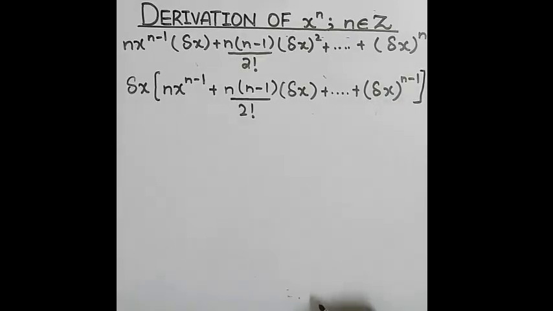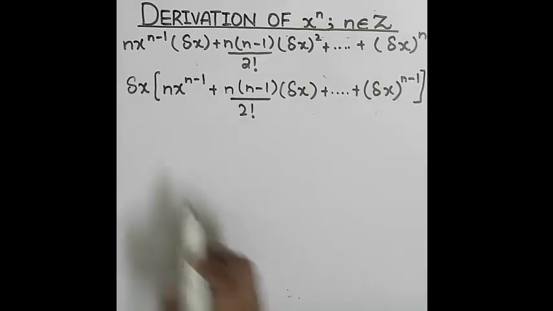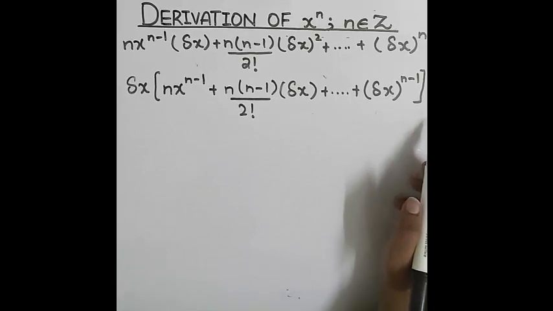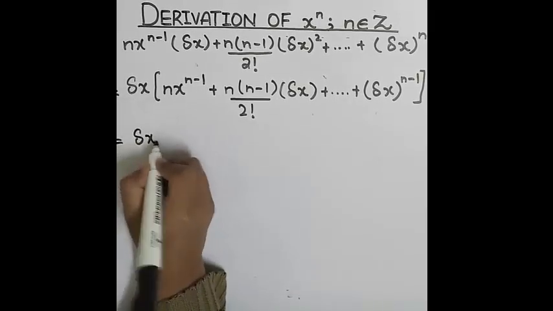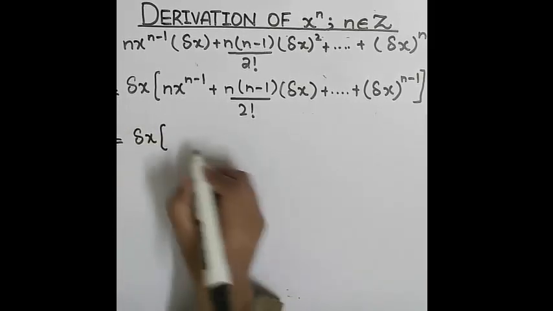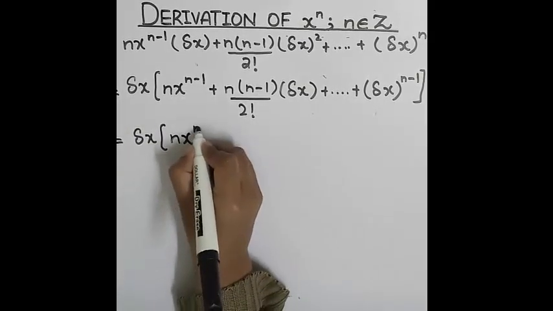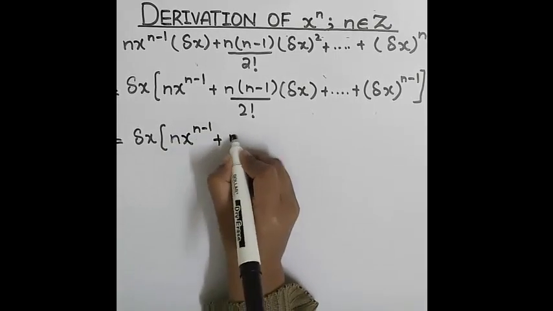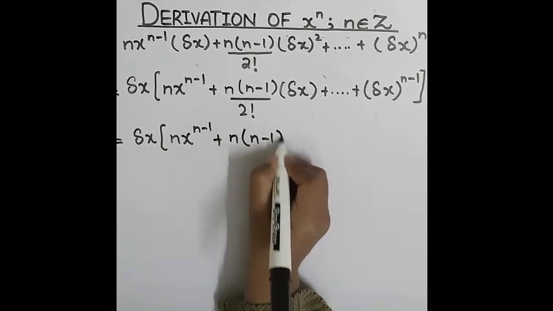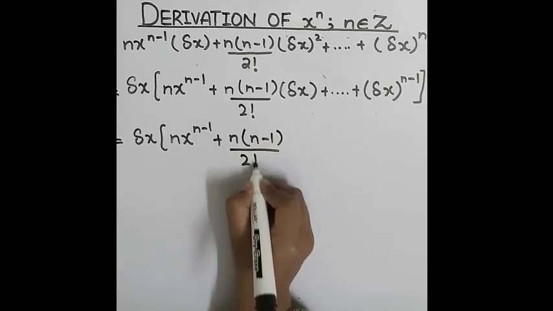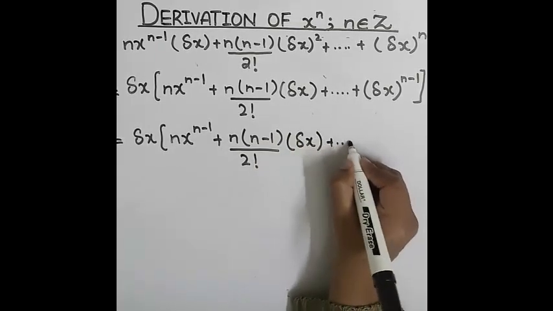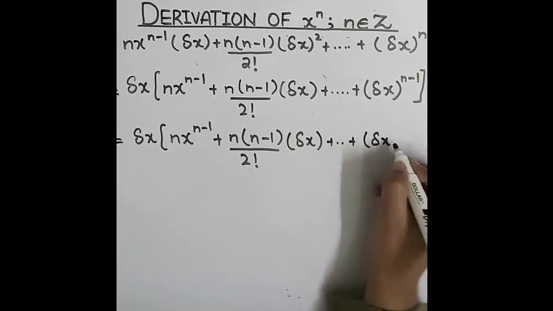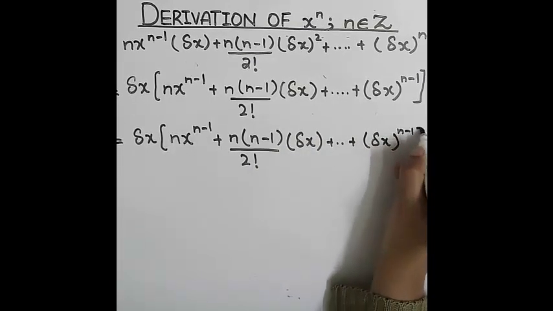Now the third step of the ab initio method is to divide the term by delta x. First write this term again: n x^(n minus 1) plus n into n minus 1 over 2 factorial delta x plus delta x^(n minus 1).